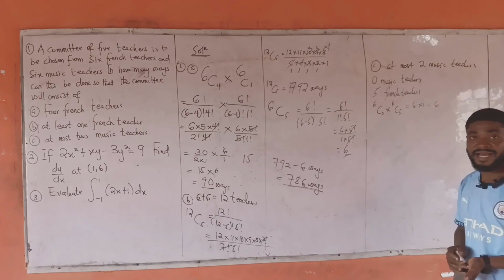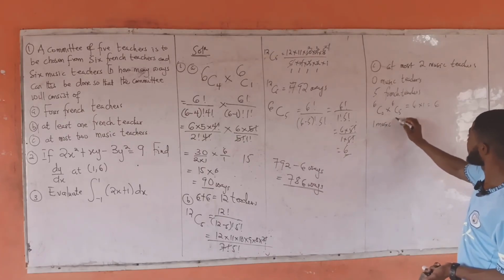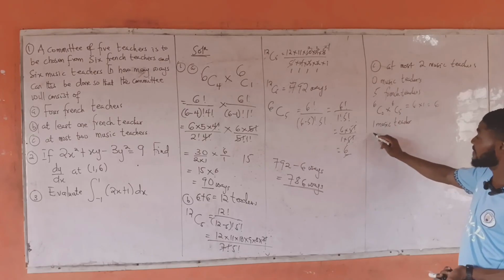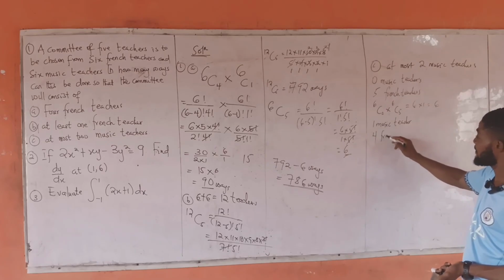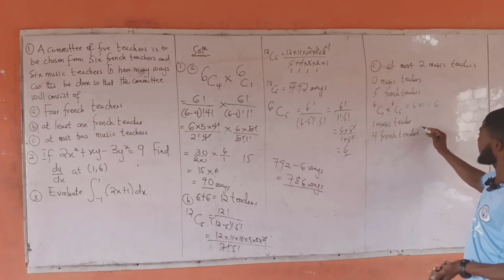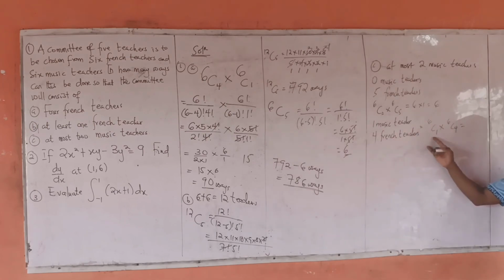Now what happens if we have 1 music teacher? Then it means there should be 4 of the French teachers. And then this is also going to give us 6 combination 1 for the music, and then 6 combination 4 for the French.